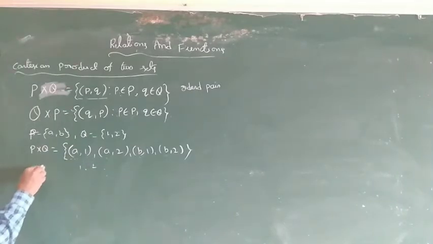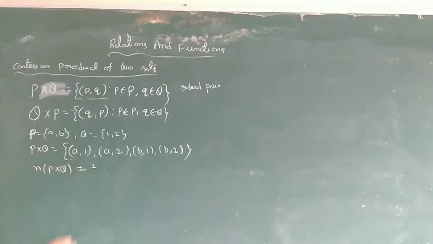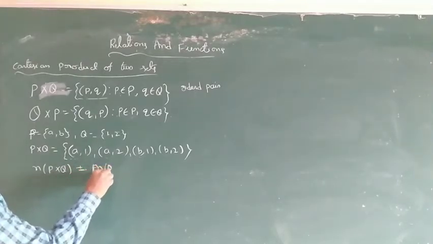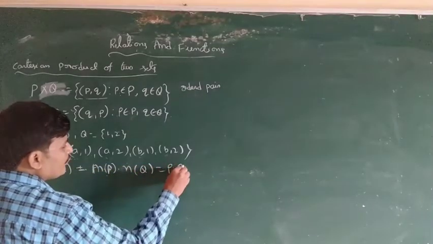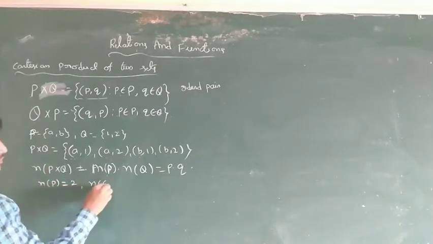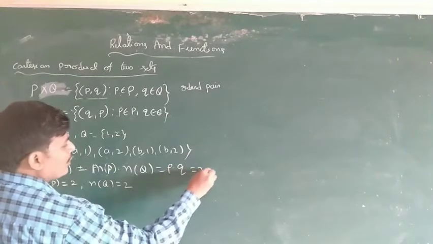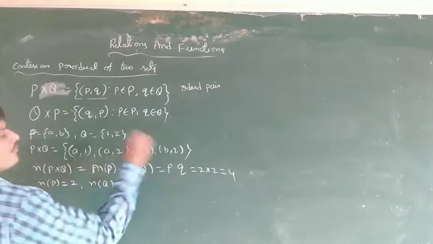So n of P cross Q is equal to n of P into n of Q. n of P is equal to 2, n of Q is equal to 2, so 2 into 2 is equal to 4. 4 elements: 1, 2, 3, 4 elements.